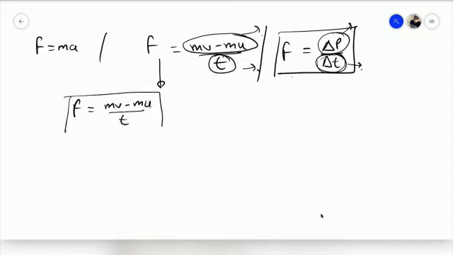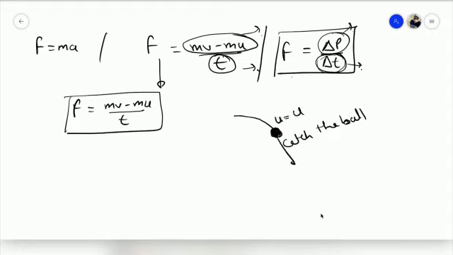Suppose there is a ball which is coming towards you and you have to catch it. Its initial velocity, the velocity before it touches your hand, is u, and finally you bring this ball to rest, so the final velocity becomes 0.